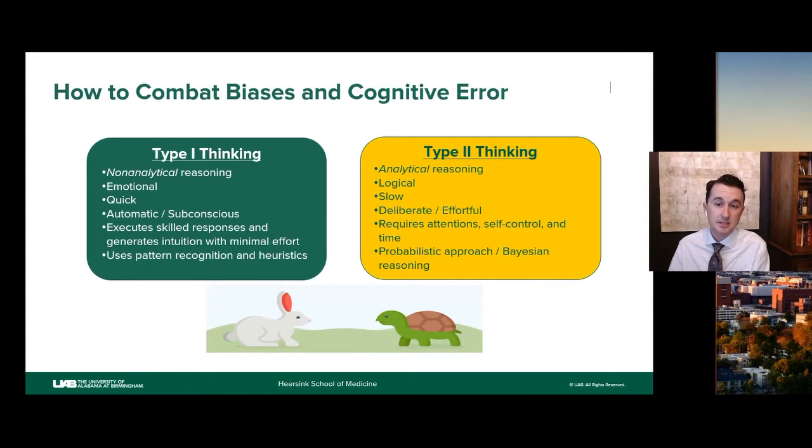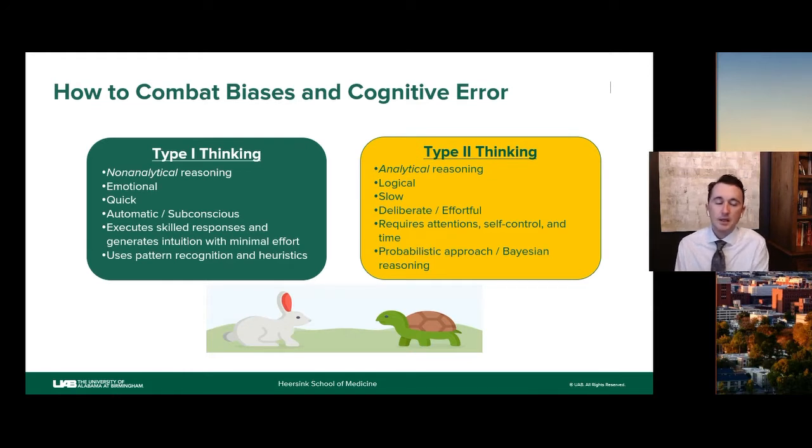We use things like pattern recognition, and as we gain more experience, this is the predominant type of thinking that we do with clinical problems. Type 2 thinking, on the other hand, is slow, deliberate, methodical, logical, effortful, analytical reasoning. It requires extra attention and self-control.